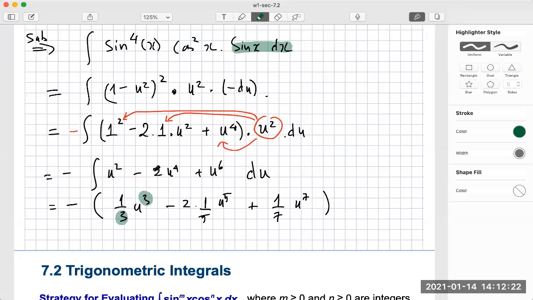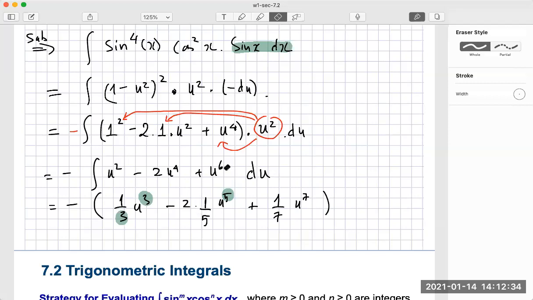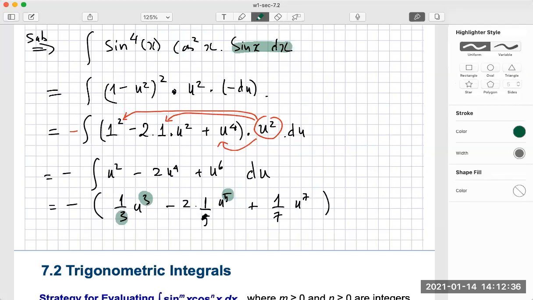Okay. The constant 2 here, we just rewrite it. This was u to the 4th. So antiderivative will be u to the 5th. And we should divide it by the same numbers. 1 over 5 here, here, here, right? Is it enough?